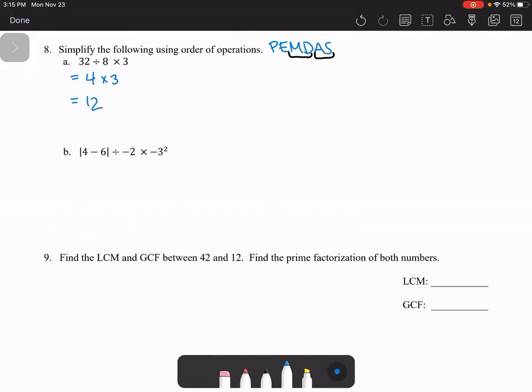Okay, so then part B. This one doesn't have parentheses, but it has the absolute value symbol. Remember that when we use the order of operations, the parentheses is really all grouping. What did I call this? I think I called it grouping operations.